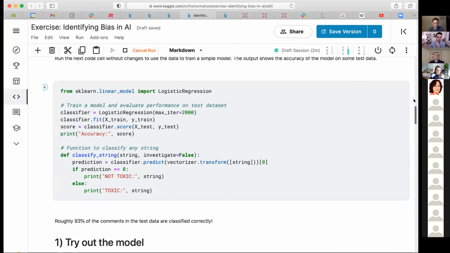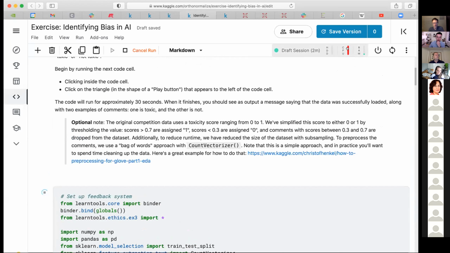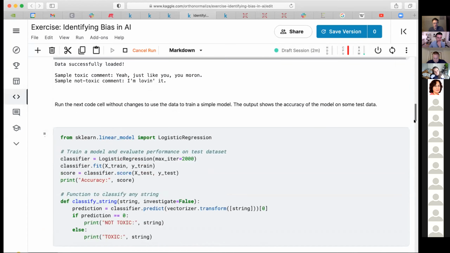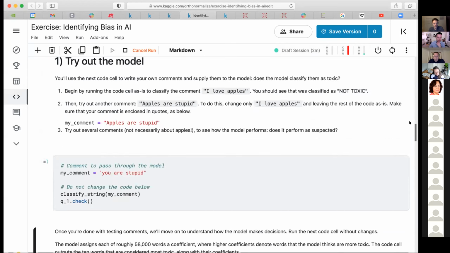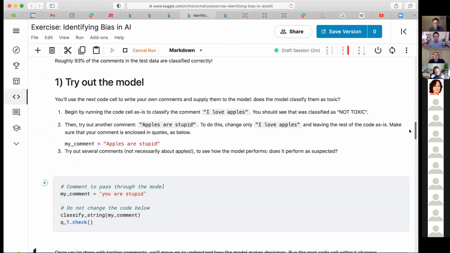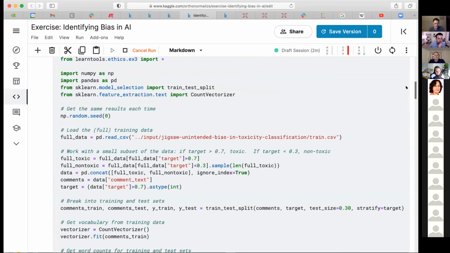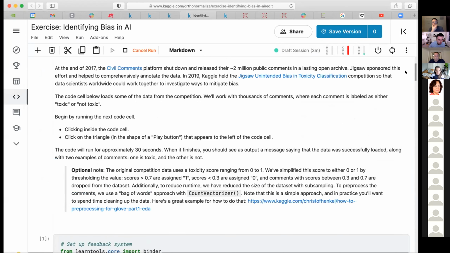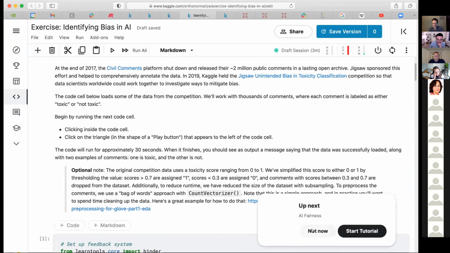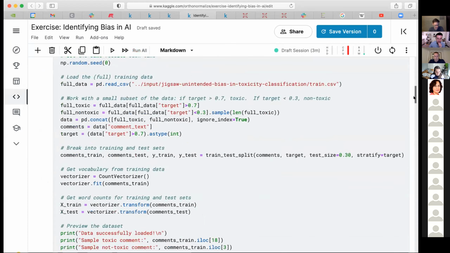Let's see. You scroll up, you're going to see some information about the data cell itself. So the first cell ran successfully. Yeah, it looks like the first cell is done, so I think it is functioning.